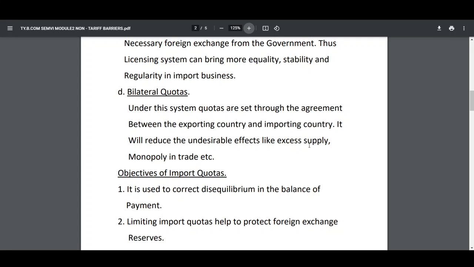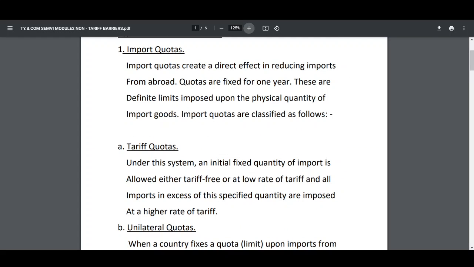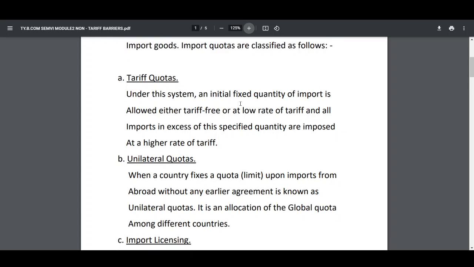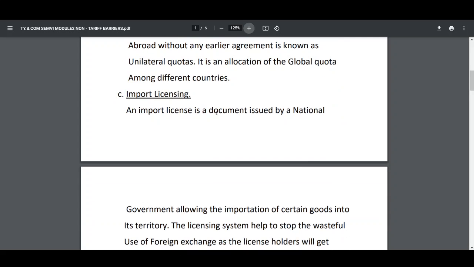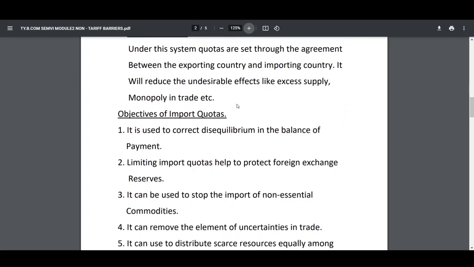If the supply is more, then there will be wastage of resources and monopoly in trade, etc. So these are the 4 types of quotas. First one, import quotas, and it is divided into 4 types: tariff quotas, unilateral quotas, import licensing and bilateral quotas.